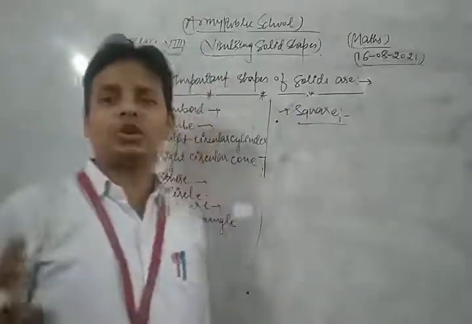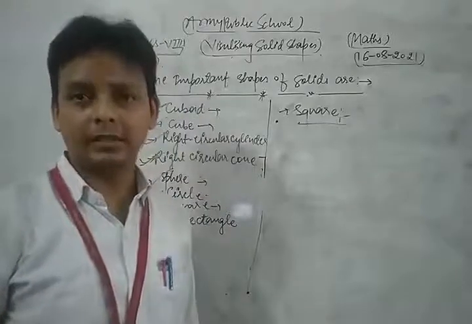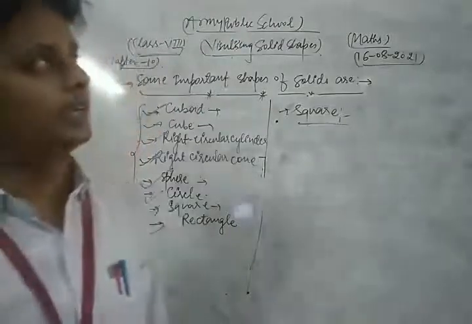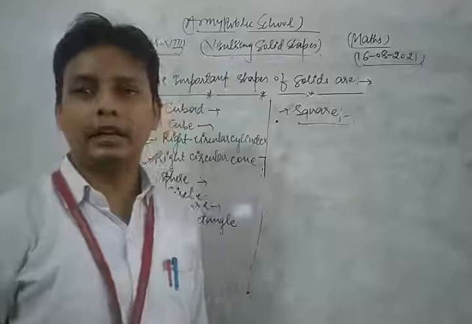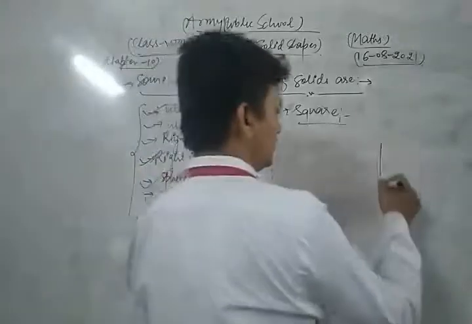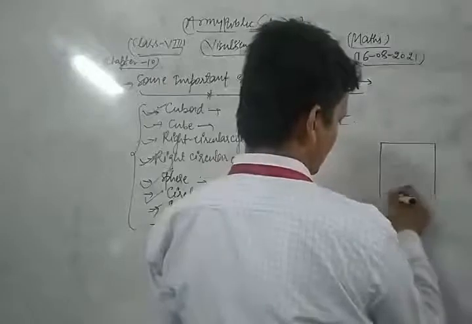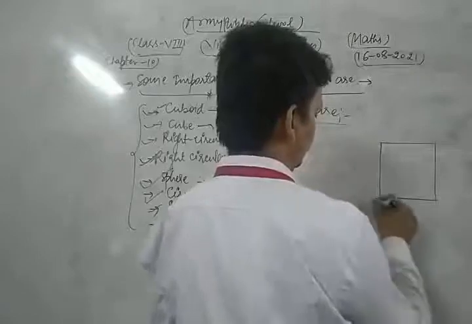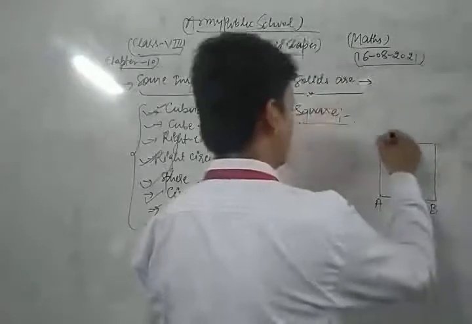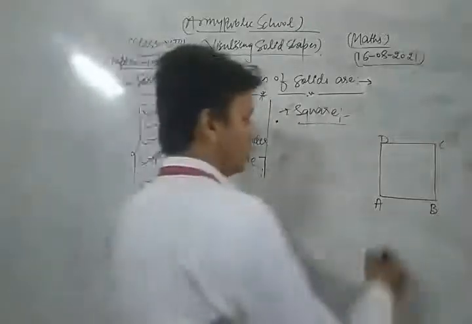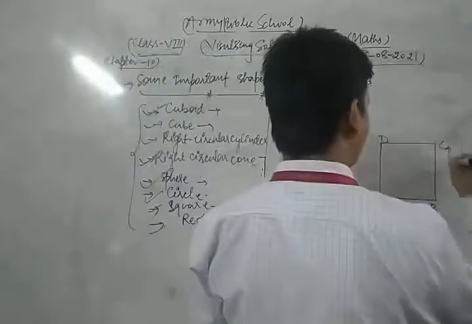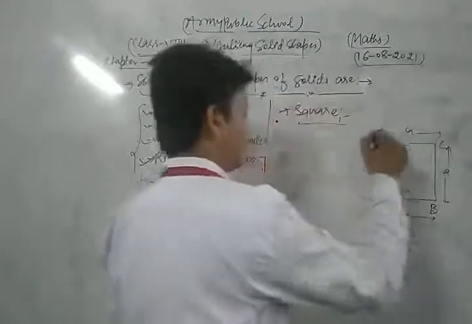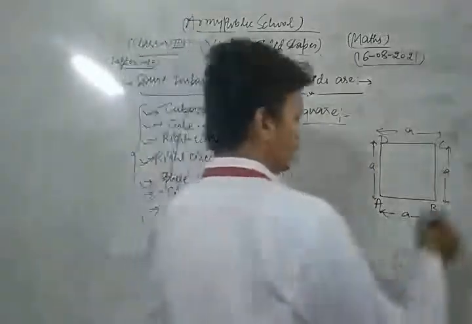A square is the quadrilateral bounded by 4 line segments, and all of its sides are equal to each other, and each angle is equal to 90 degrees. ABCD is a square in which all of its sides are equal to each other, and each angle is equal to 90 degrees.